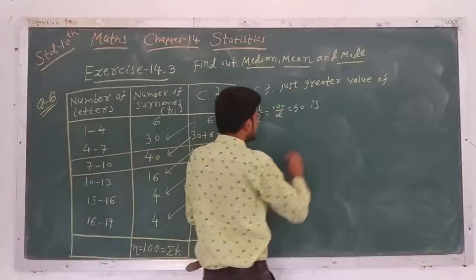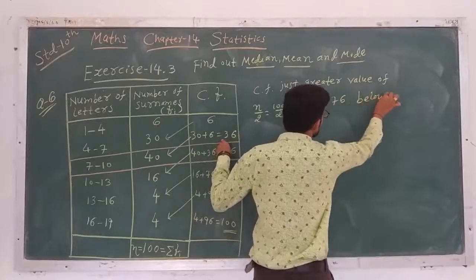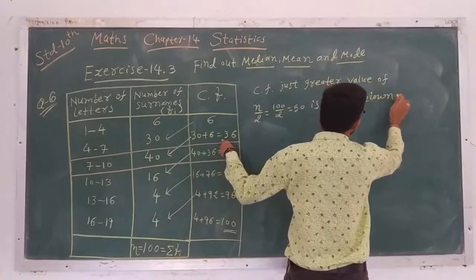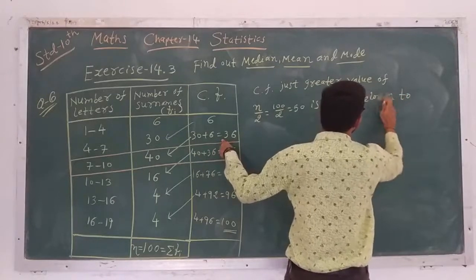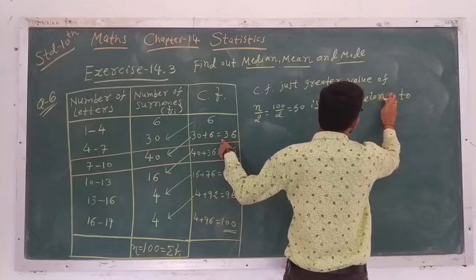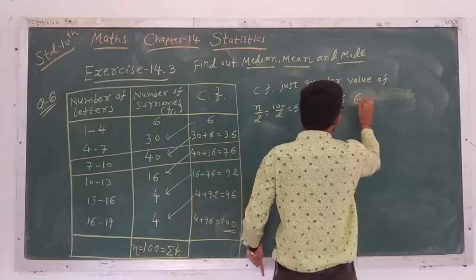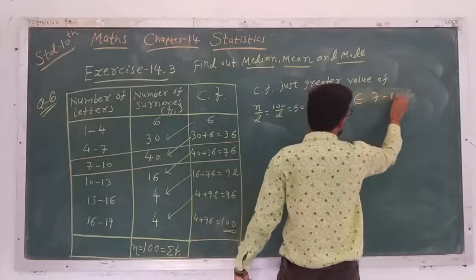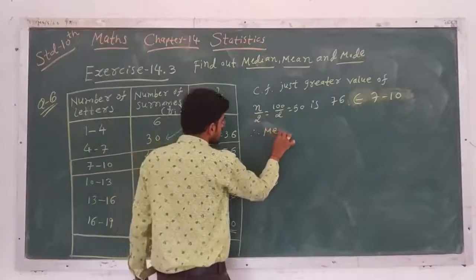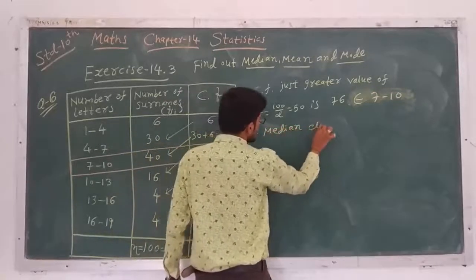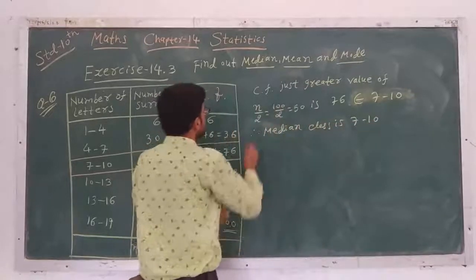76 belongs to 7 to 10. Okay. Therefore, the median class is 7 to 10.